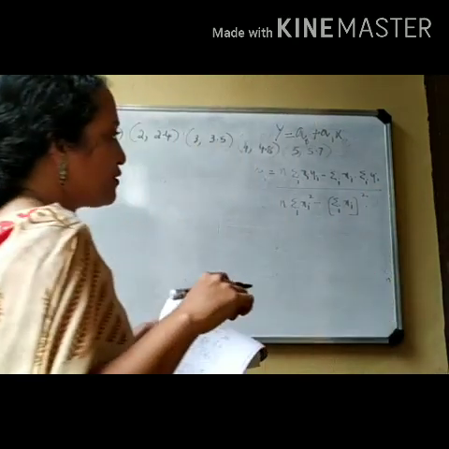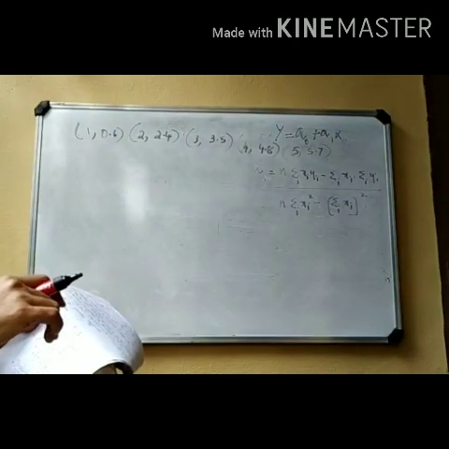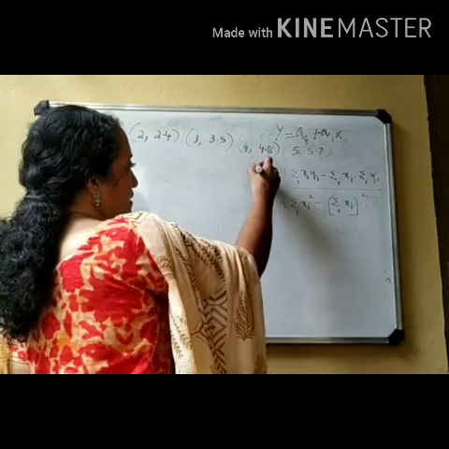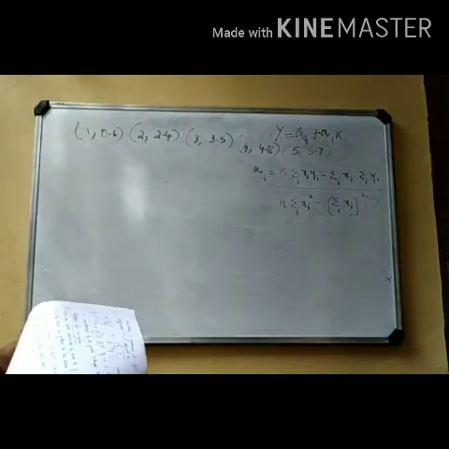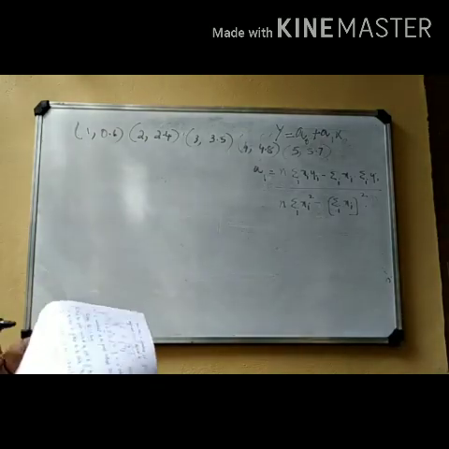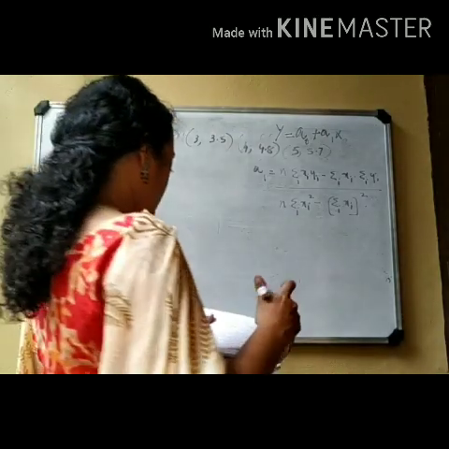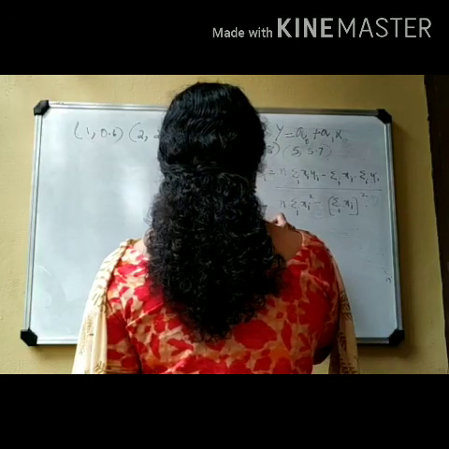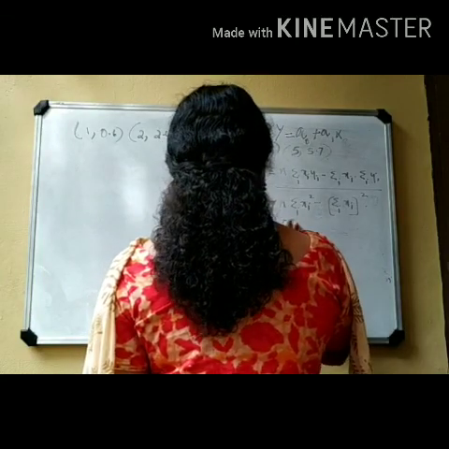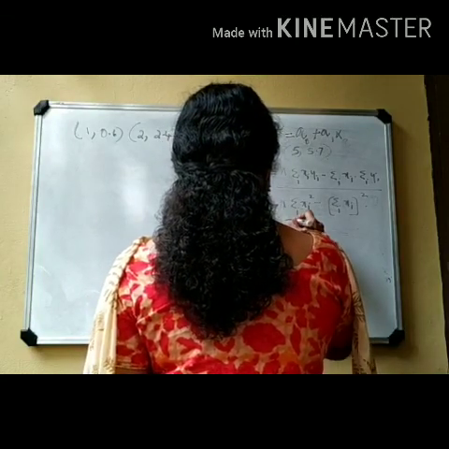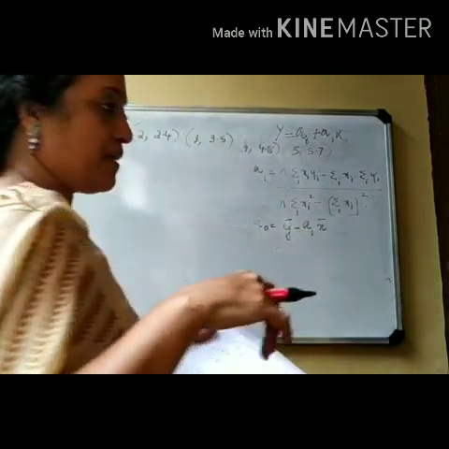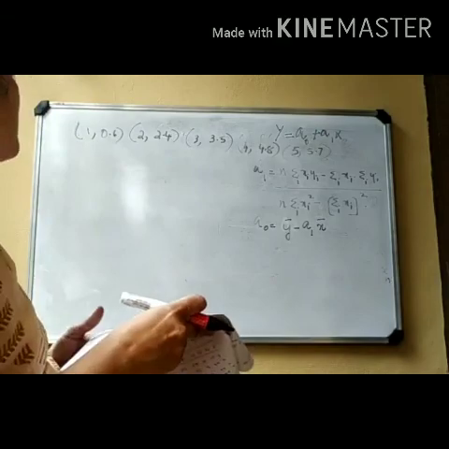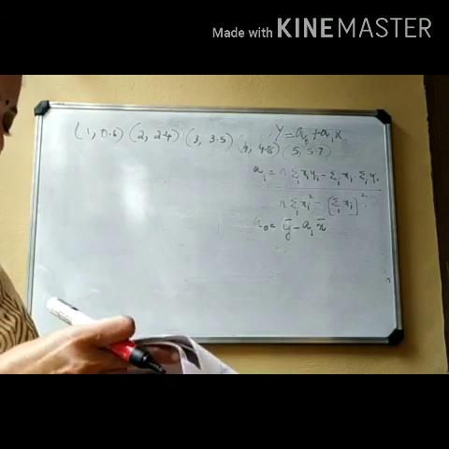So these are the values we have to calculate for finding A1, and once we find A1, we may calculate A0 from that, using the equation A0 is equal to y bar minus A1 x bar, where y bar and x bar are the mean values of y and x.